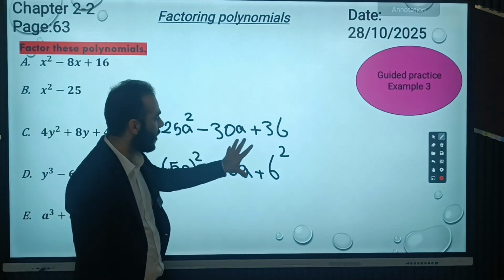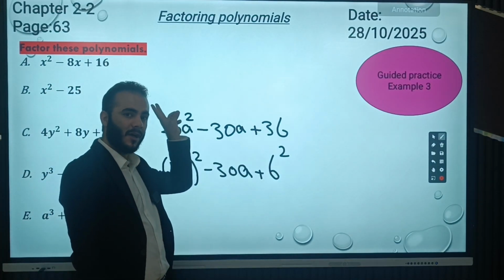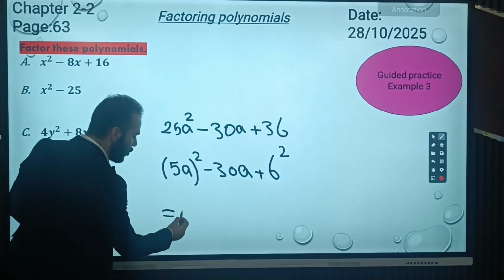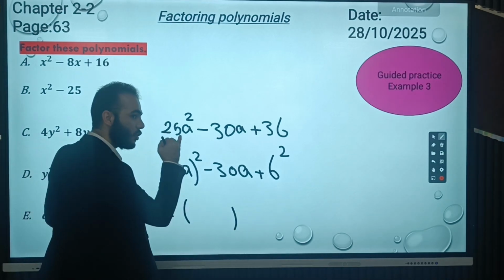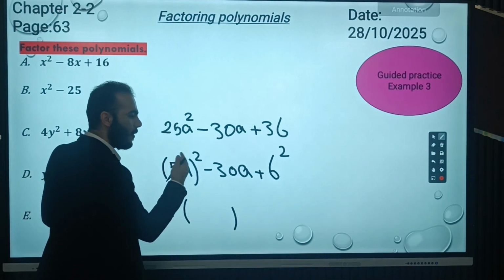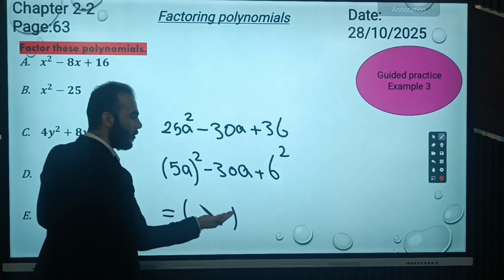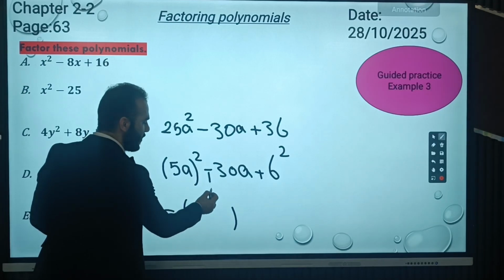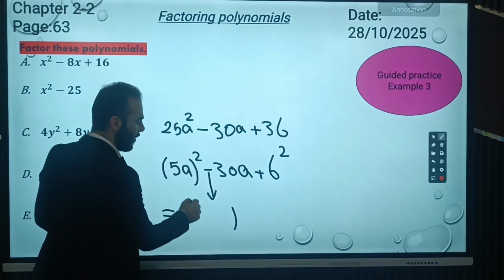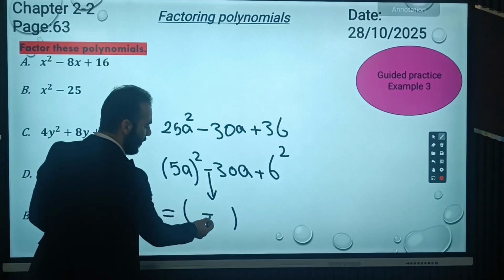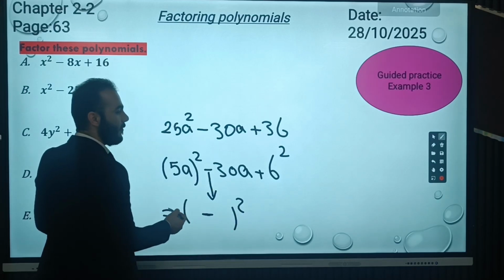Whenever we have three terms and the question is factorize it, be 100% sure that it is the square of either a sum or a difference. How are we going to find out whether it is a sum or a difference? Based on the sign of the second term. If there is minus, it would be the square of a difference.